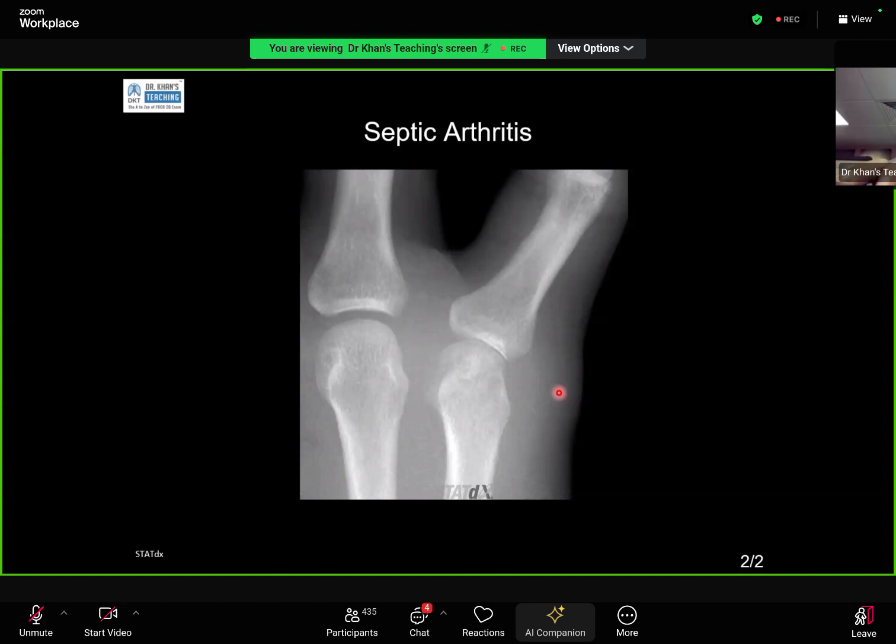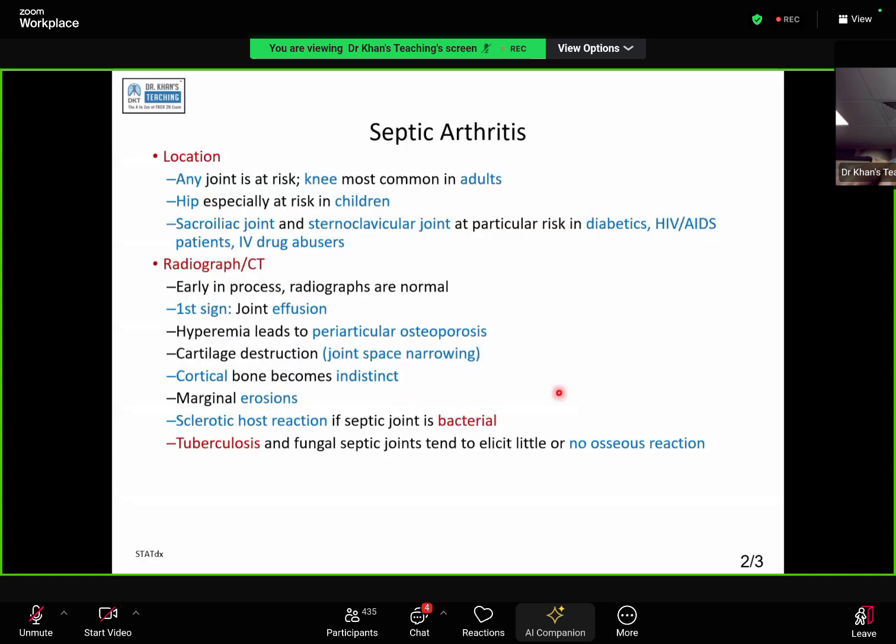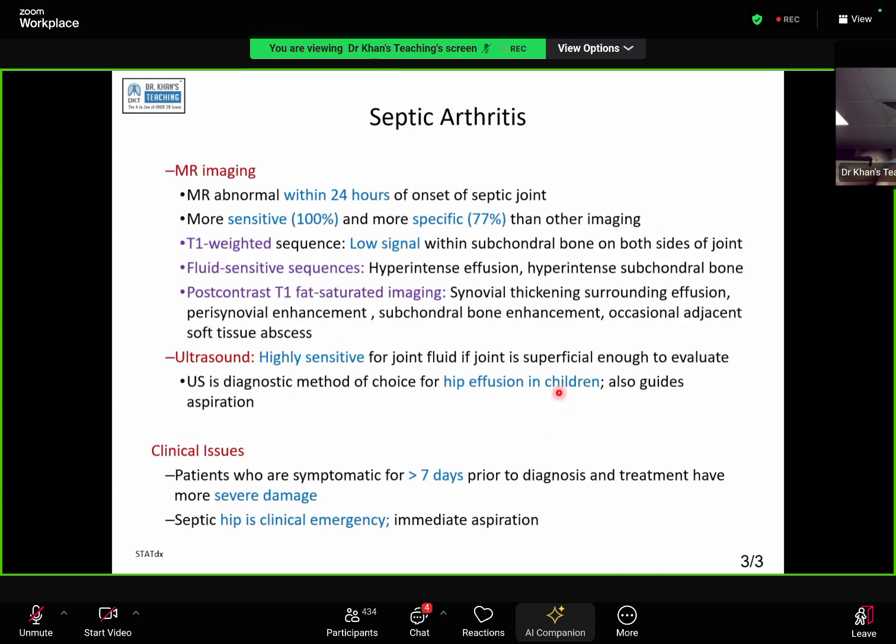The key point for the exam is this one: ultrasound. Highly sensitive. Ultrasound is the diagnostic method of choice for hip effusion, and also guides aspiration, and they will ask this again and again. So we consider it a medical emergency. Remember that. MR is very sensitive, 100% sensitive, specificity is 77.